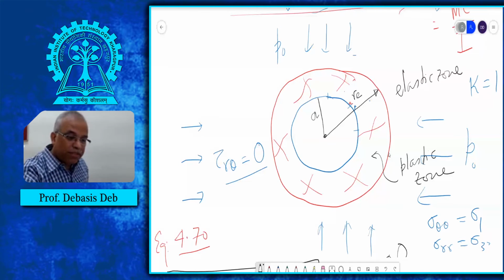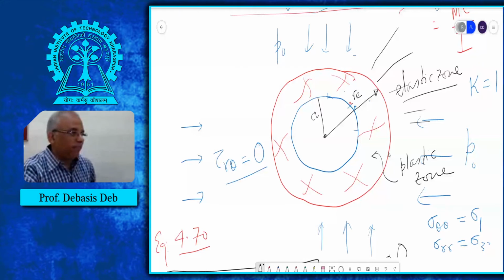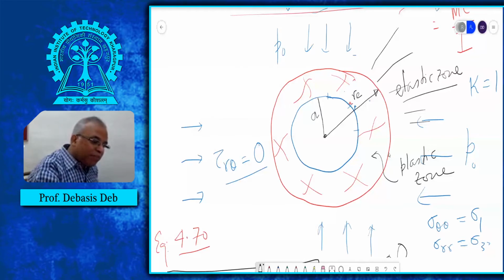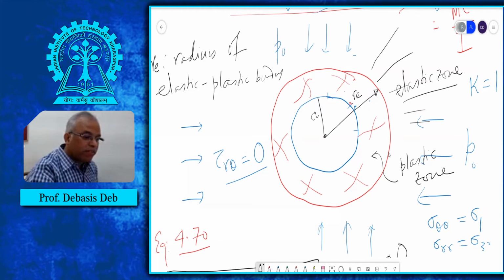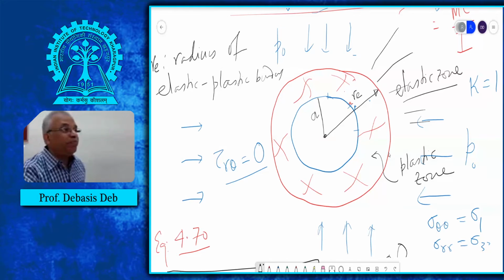This area is elastic and this area is plastic, where it has failed. This RE is called the radius of this elastoplastic boundary. So RE is nothing but the radius of the elastic plastic boundary. This is what RE is.